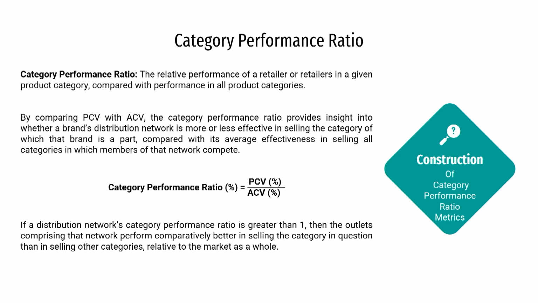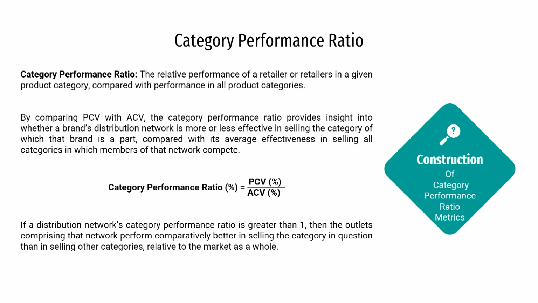By comparing the PCV with the all commodity volume, the category performance ratio provides an insight into whether a brand's distribution network is more or less effective in selling the category of which that brand is a part, compared with the average effectiveness in selling all the categories in which the members of that network compete.